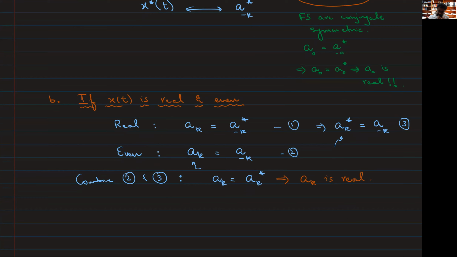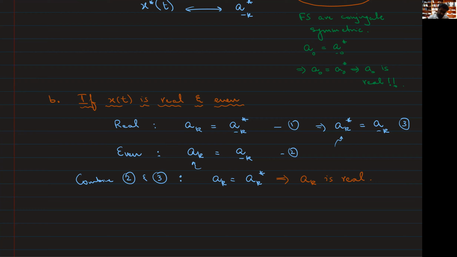I had one point to make, I forget. Okay, here's the point. This is, for example, a question I asked in one of the exams. So if x of t is real and even, I can write this out, Talha.